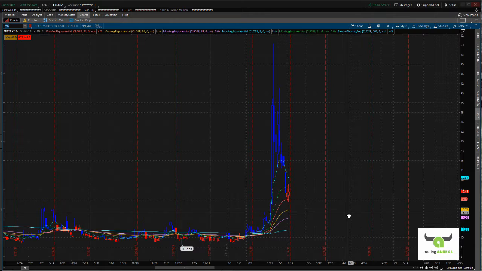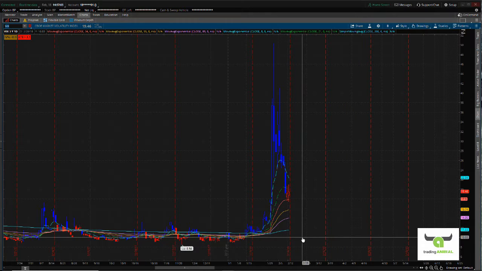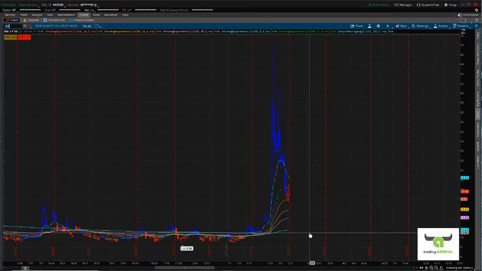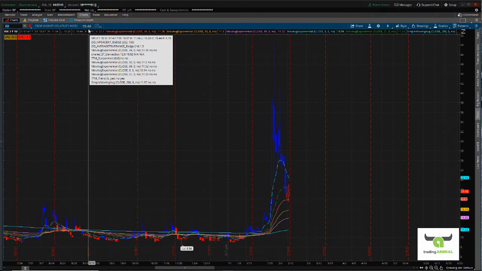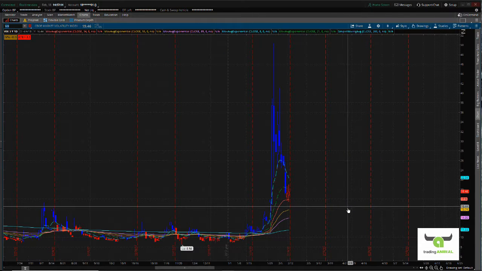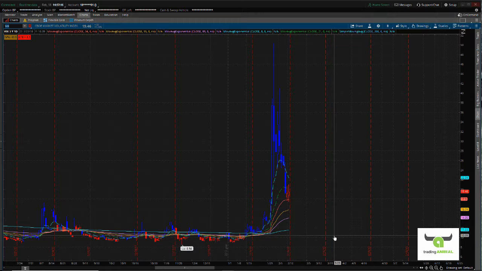It's not back down to the normal levels, around 9 or 10. We're still elevated quite a bit above that, at 19.46, so it is twice as high as it has been recently, but it is declining off of that 50 by quite a bit. So that's one thing to think about when we're looking at the market.